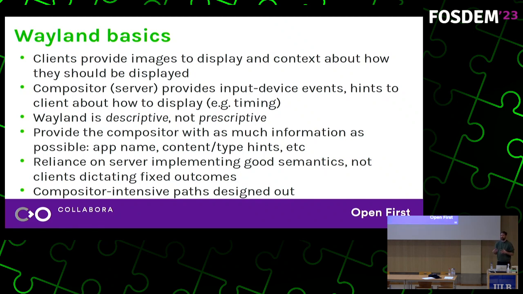What I mean by that is in X11, when you have a pop-up, you tell X as a client, put this window exactly here on the screen, and give me all of the input events until I tell you otherwise, because you're dictating specific outcomes.